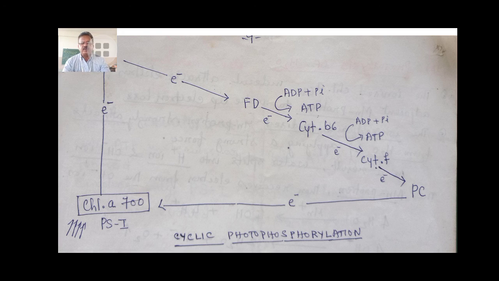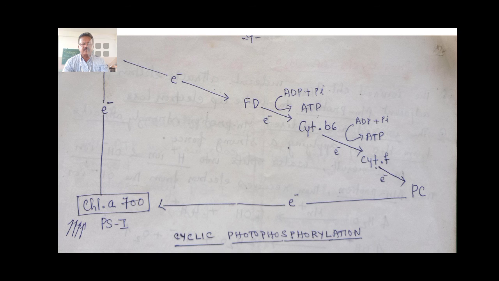You see, on one side there is mentioned chlorophyll pigment A700. This is actually PS1. PS1 consists of the chlorophyll pigment in the form of chlorophyll pigment A700, which is the active pigment. So when light energy strikes this PS1, the chlorophyll pigment A700 absorbs the light energy and converts it into chemical energy.